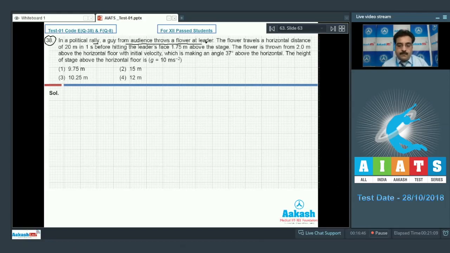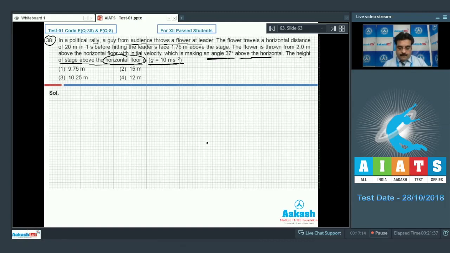The flower is thrown from 2 meters above the horizontal with initial velocity making an angle 37 degree above the horizontal. The height of stage above the horizontal floor is. So this is your point of interest or your target. You can take the value of g once again, 10 meters per second square.